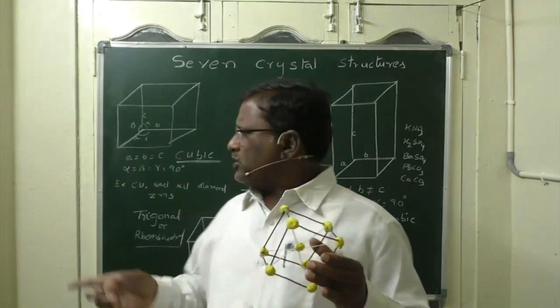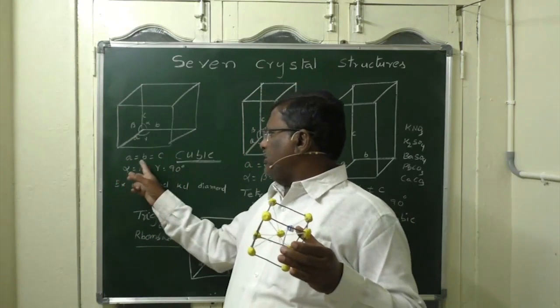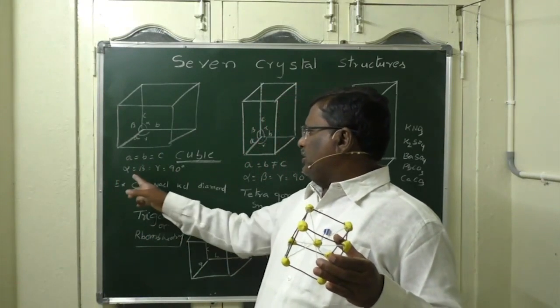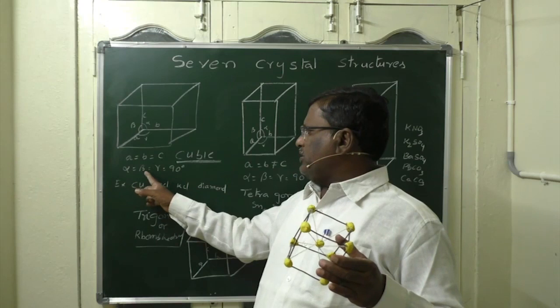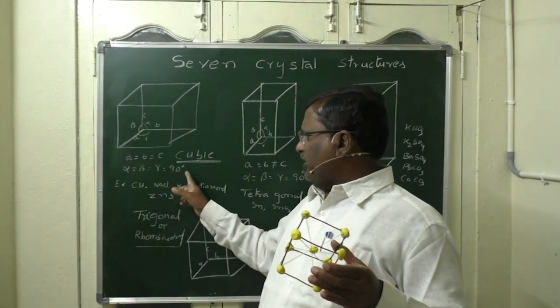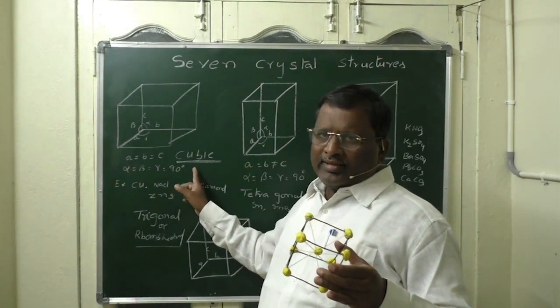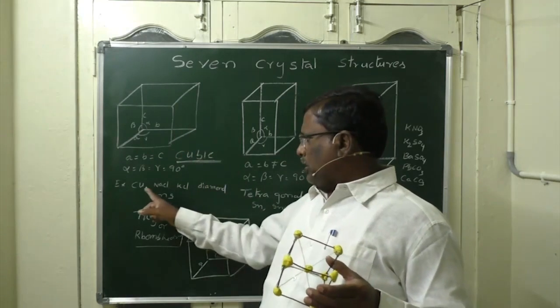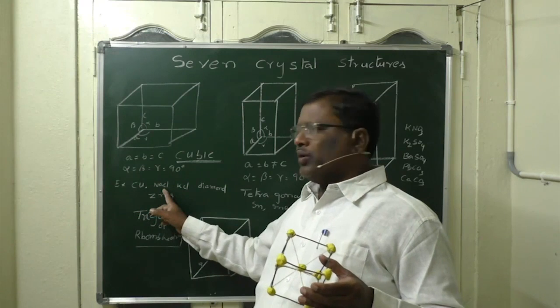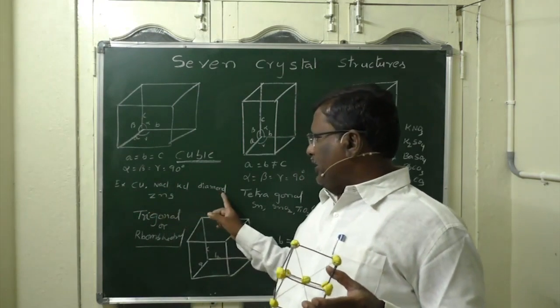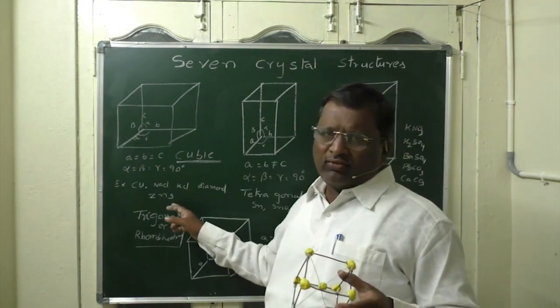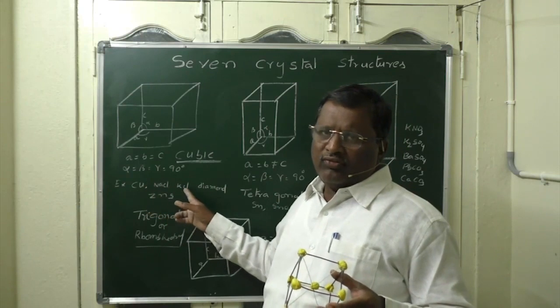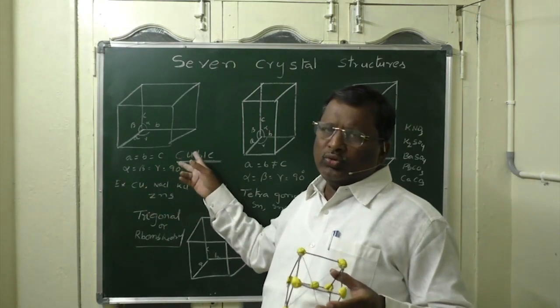That is why its parameters are a equals b equals c, alpha equals beta equals gamma equals 90 degrees. Examples for this type of structure are copper, sodium chloride, potassium chloride, diamond and zinc sulfide. These are the examples for the cubic unit cell.